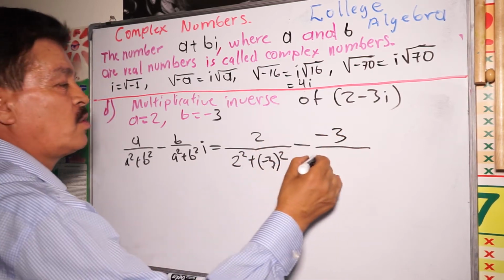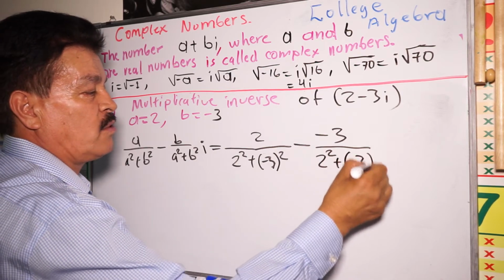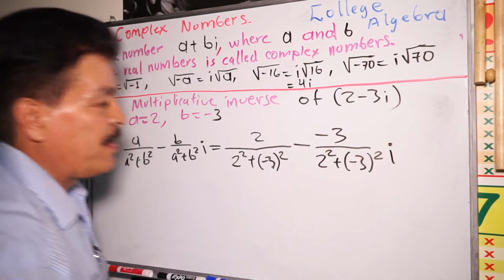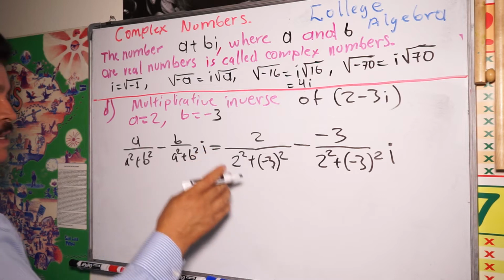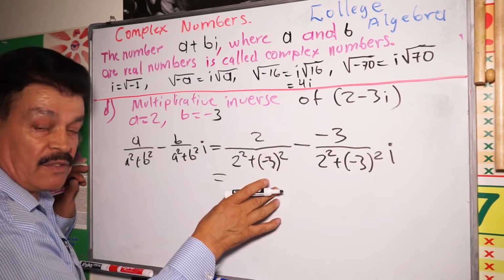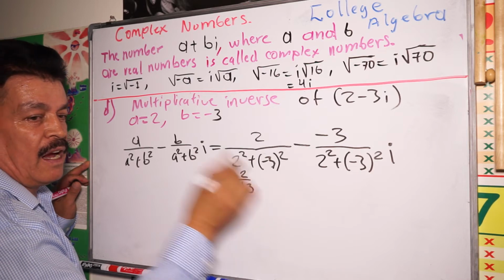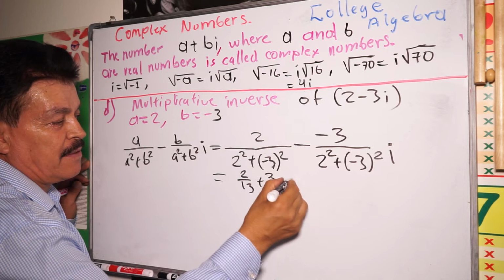So 2 to the second power plus -3 to the second power, and then i. You simplify this. These fractions, you are going to have 2 divided by 13 plus 3 divided by 13 i.